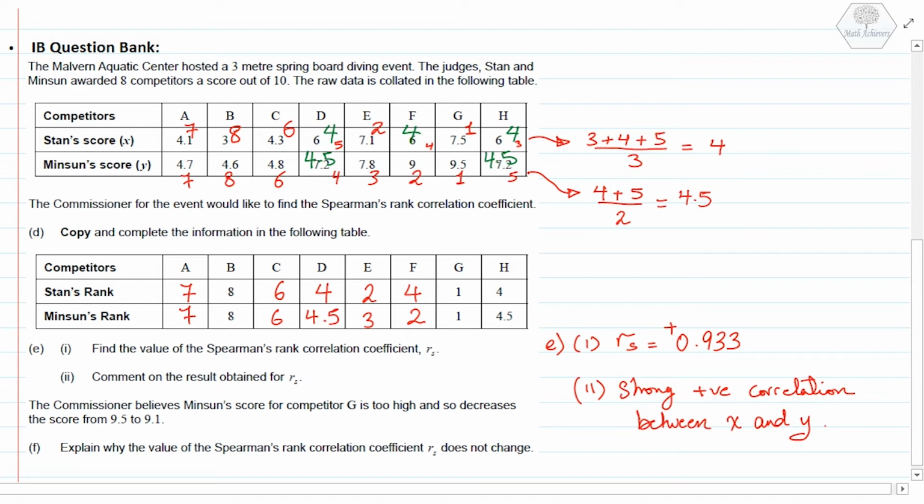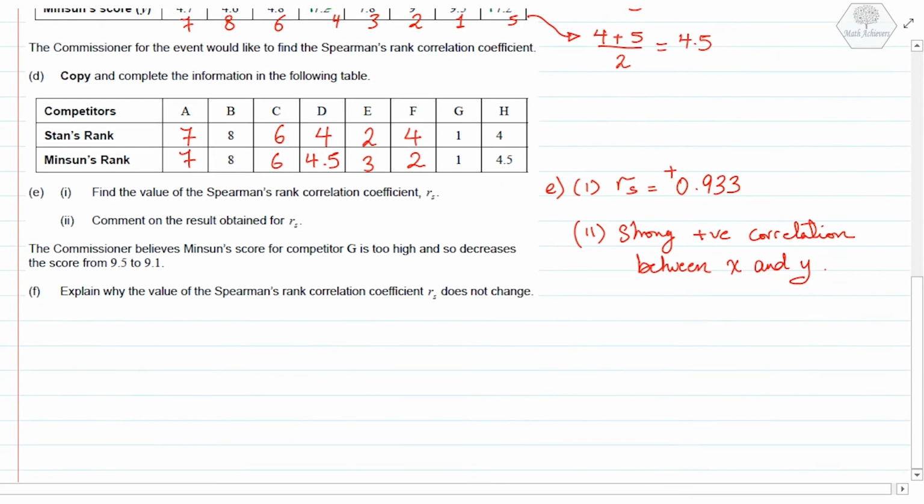Now the commissioner believes Manson's score for competitor G is too high and so decreases the score from 9.5 to 9.1. So for part G, he decreases the score from 9.5 to 9.1. The question is, explain why the value of the Spearman's rank correlation coefficient does not change.